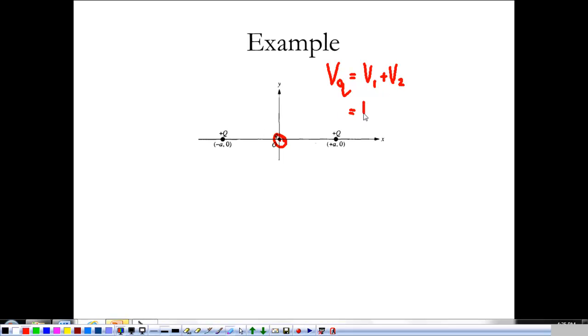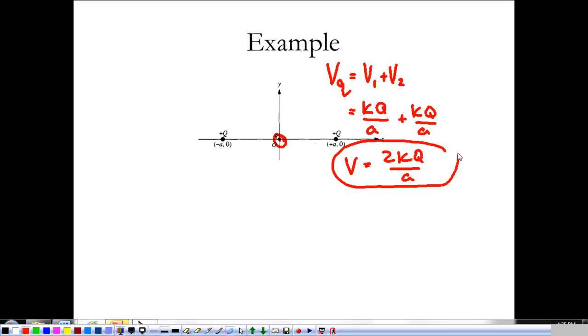That's KQ over A plus KQ over A. The voltage at that point is equal to 2KQ over A. That is so much nicer than having to find the electric field because there are no vectors. Also, the electric field was 0 there.